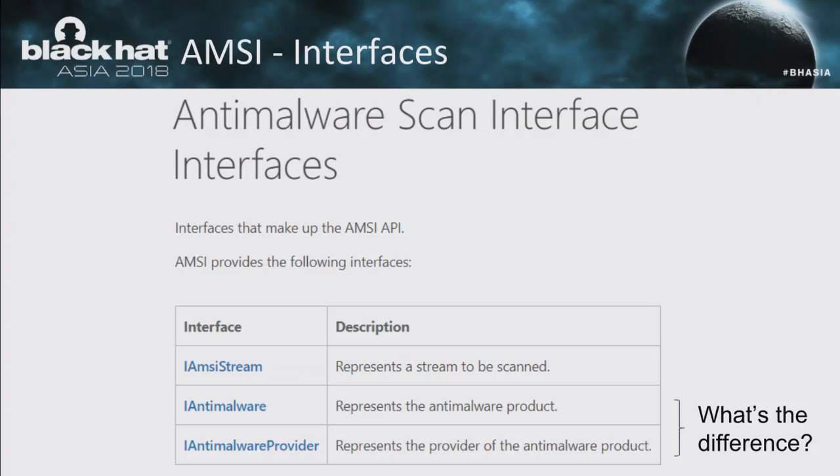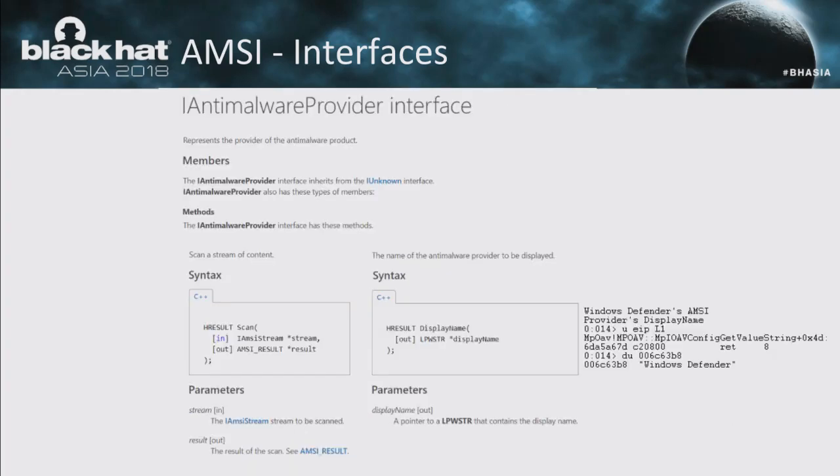Now as for anti-malware and anti-malware provider, well, reading the description on MSDN, I really couldn't tell the difference. But after looking at a diagram that we're going to take a look at in a minute, I was able to kind of understand what the difference is, and then that became much more clear when I looked at the code itself. So the anti-malware provider interface, that is the one that is actually pretty clear.